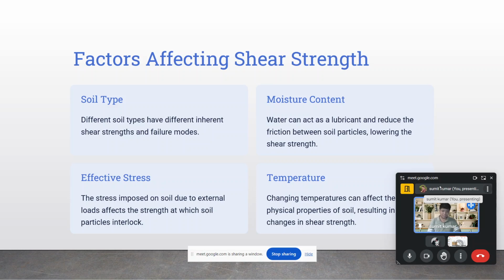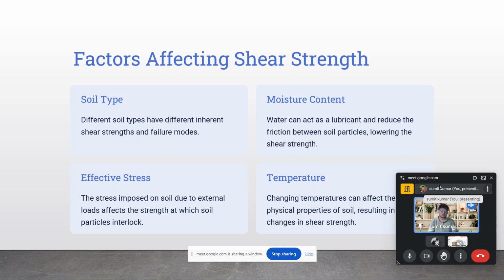Different types of soil have different properties, resulting in different strength. If the water table is not there, the same soil has a certain strength; if the water table is there, the same soil shows a different strength. So the soil type is one of the most important factors.